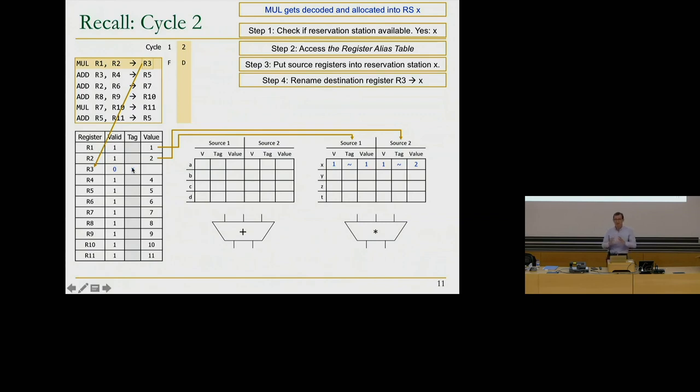If you think about it, this R3 is a mechanism for communicating the result of this instruction to the source as an operand of this instruction, and we're basically renaming to X. So every instruction, when it's decoded, renames its destination register, assuming it's writing to a destination register. Before that, as you know, it reads its sources from the register alias table and places them into the reservation station. I already said this basically: the new value of R3 is produced by the reservation station that is identified by tag X.